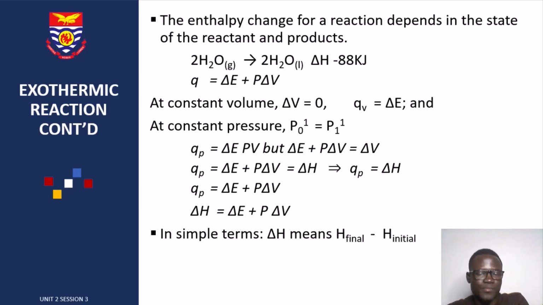But at the end of the day, our enthalpy of the reaction is represented by the equation change in H, or change in enthalpy, is equal to the change in internal energy plus the pressure times what? Volume, or change in volume.